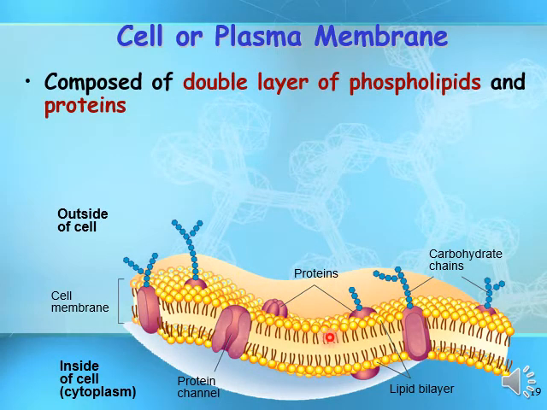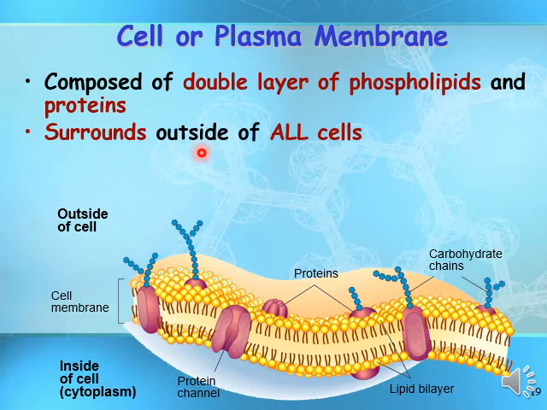The cellular plasma membrane is constituted of a double layer of phospholipids besides proteins. It surrounds the outside of all cells. All cells are surrounded by this cellular membrane.